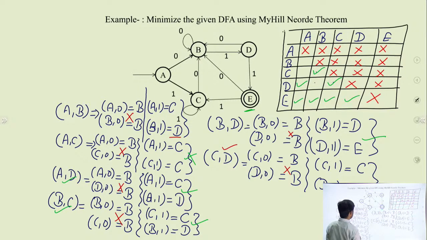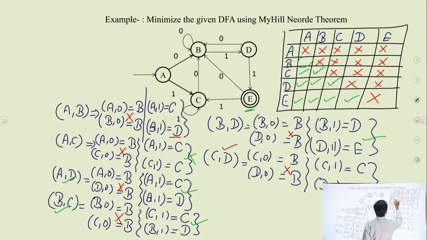Now see B and D: B on 0 goes to B, D on 0 goes to B, not marked. B on 1 goes to D, D on 1 goes to E, and DE is marked, so this will be marked here. Similarly AC will be marked.